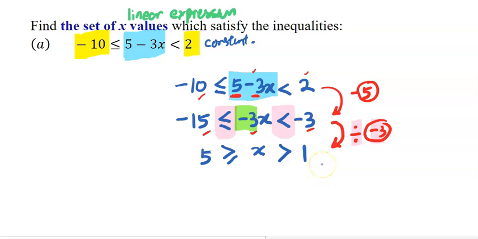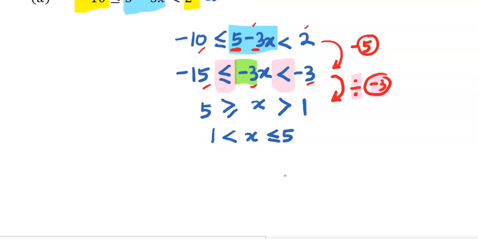Continue. The next thing, I would like to rearrange this inequality so that from left to right it goes from small to big, in ascending order. So I would like to flip this whole inequality to become 1 < x ≤ 5. By right, I have my solution now for this joint inequality.